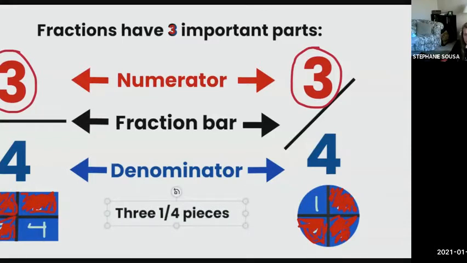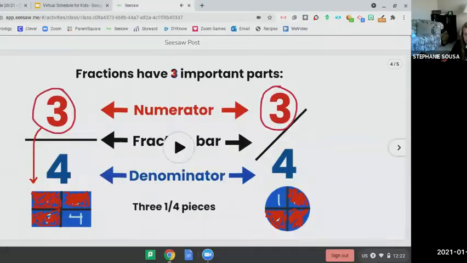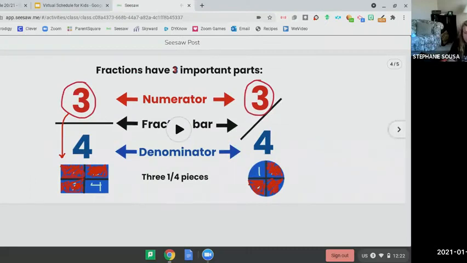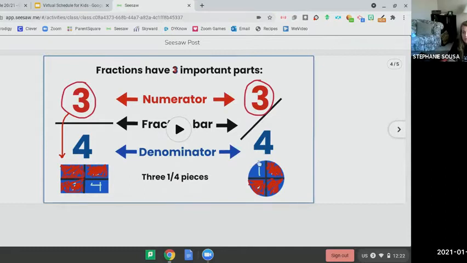We have simply identified that 3 of the 1/4 pieces are discussed or represented in these models and by the fraction 3/4. Okay. So this is one reason that it was so important to understand that a fraction is composed of unit fractions. 3/4 is just 3 of the 1/4 pieces with which you are very familiar now.